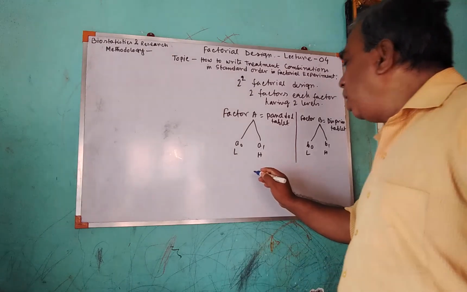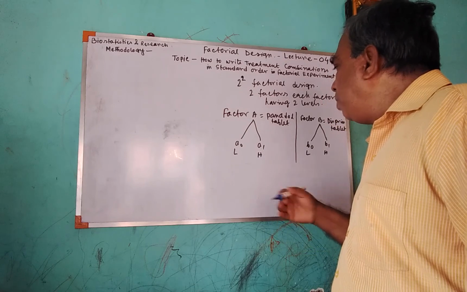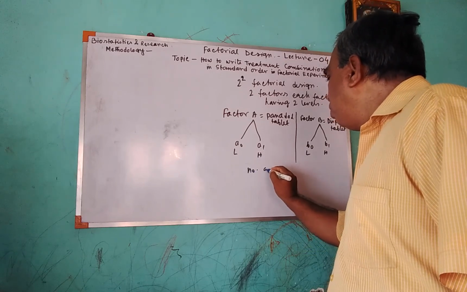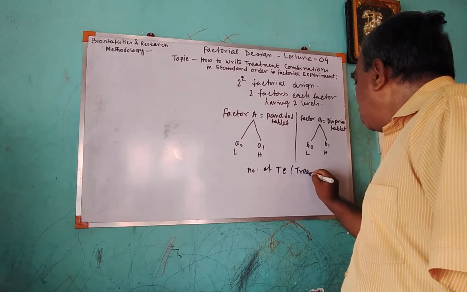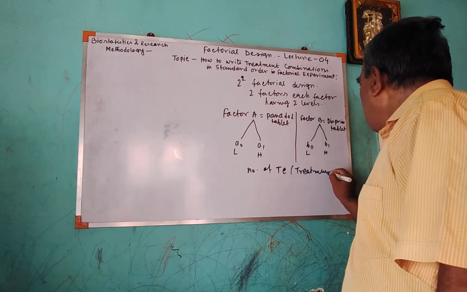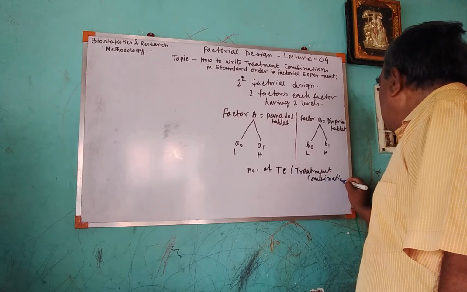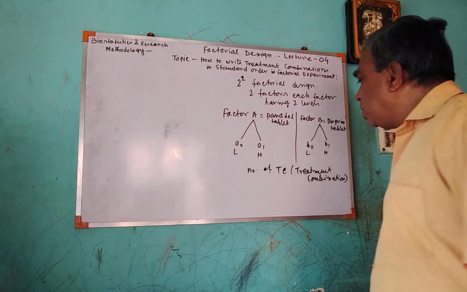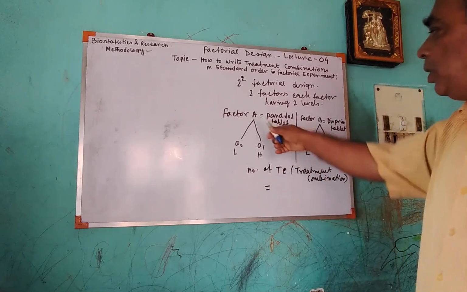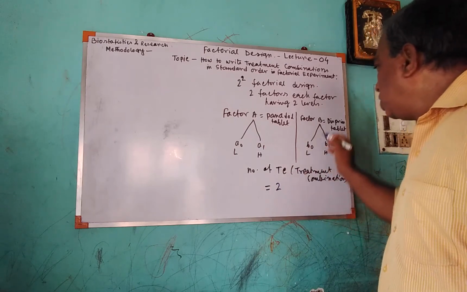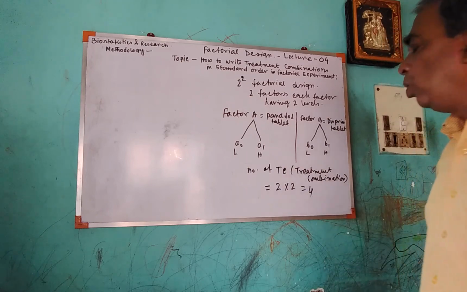We have already discussed the number of treatment combinations. Treatment combination is denoted by TC. For the number of treatment combinations, the first factor has two levels, the second factor has two levels, so 2 into 2 comes to 4.